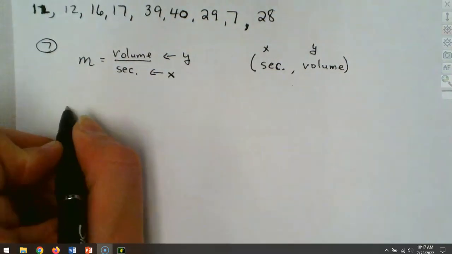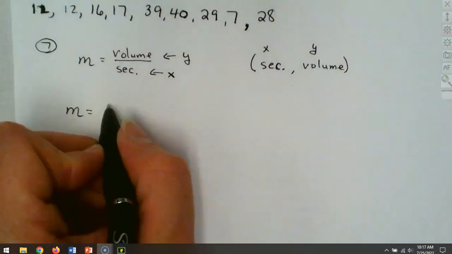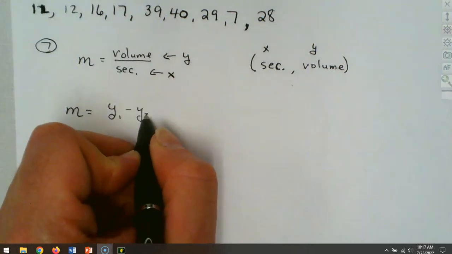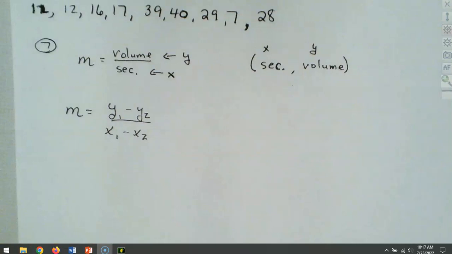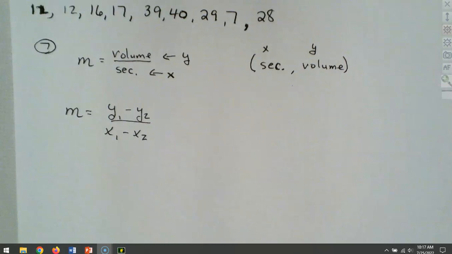Now we use our slope formula, which is m equals y1 minus y2 over x1 minus x2. And we need our ordered pairs. And so when we read this, it says we're filling up a water bottle, and after it has been filling for 5 seconds, it indicates 25 ounces of water.